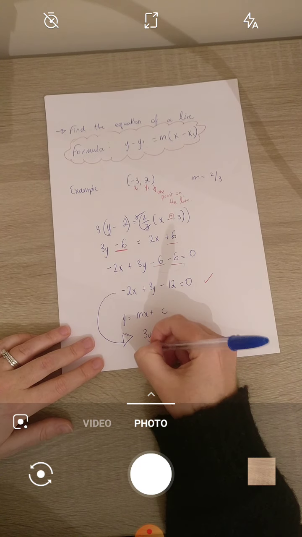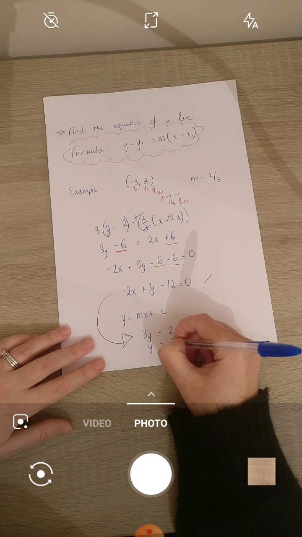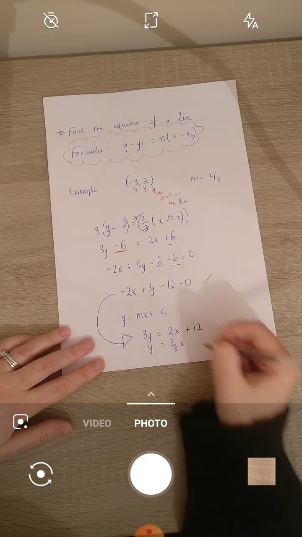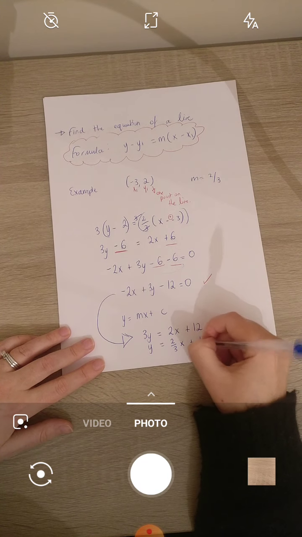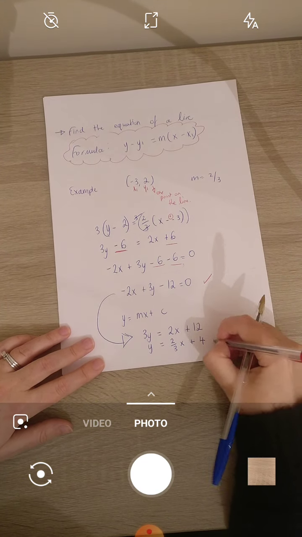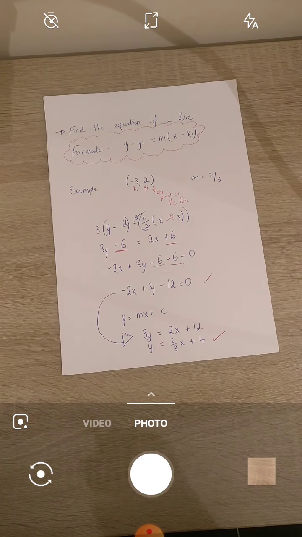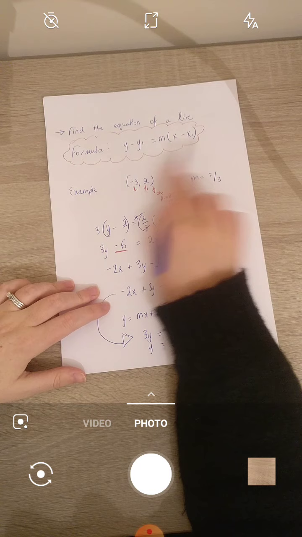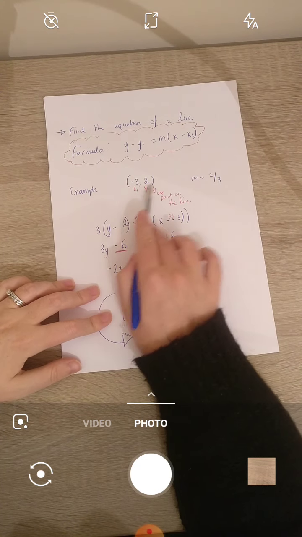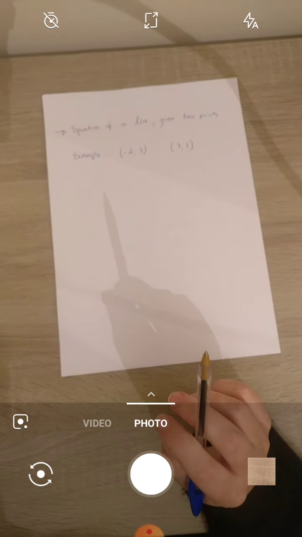We're looking for y to be left on its own, so it becomes 2 over 3x plus 12 divided by 3 is 4. So either answer here would be fine. Okay, so that's finding the equation of the line formula. You're given 1 point and the slope, and we're subbing into that formula.